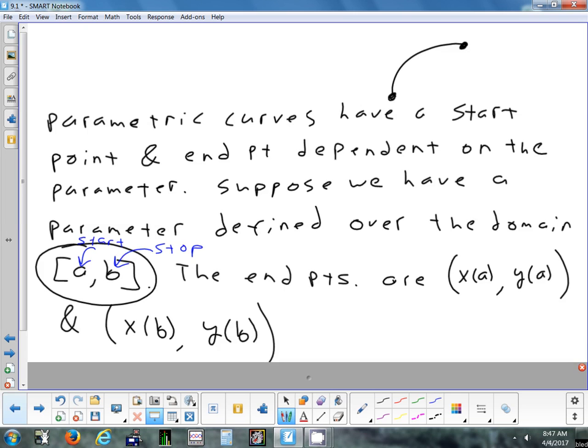Well, take A and plug it into your formula that gives you the x value. And then you're going to take A and plug it into the formula that gives you the y value. Okay, so there's two calculations to find the start point. You have to do a calculation for the x value, and then you have to do a separate calculation for the y value.